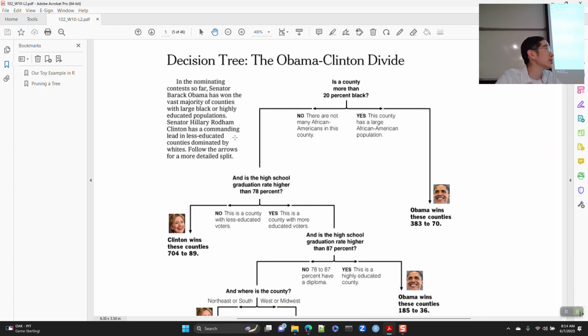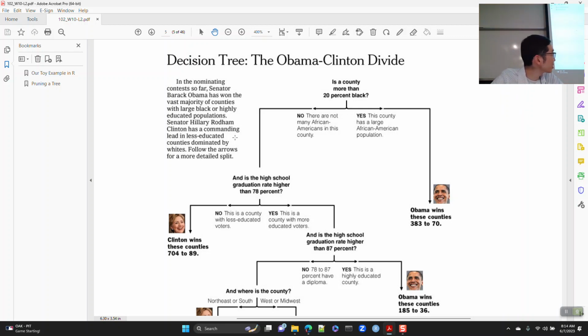One thing about decision trees is that they're simple enough for the public to understand, because it's kind of like a little quiz. If you look at this, it feels so strange because today's political world is so different from what it was like in 2008. But anyway, in 2008, Obama and Clinton were running to be the presidential candidate for the Democratic Party.